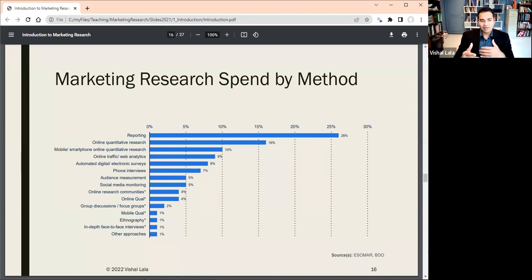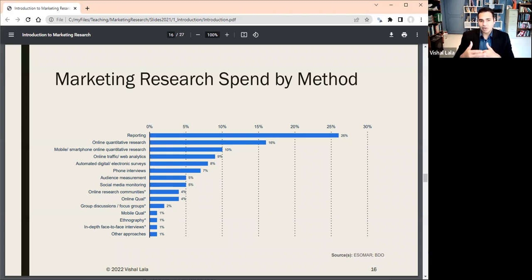If you look back at the history of spending in marketing research, you'll notice the partitioning of spending across domains or methods is constantly changing. Many years ago, we saw a lot of dollars being spent on face-to-face interviews, ethnographic interviews, and qualitative research. That's kind of taken a backseat of late.